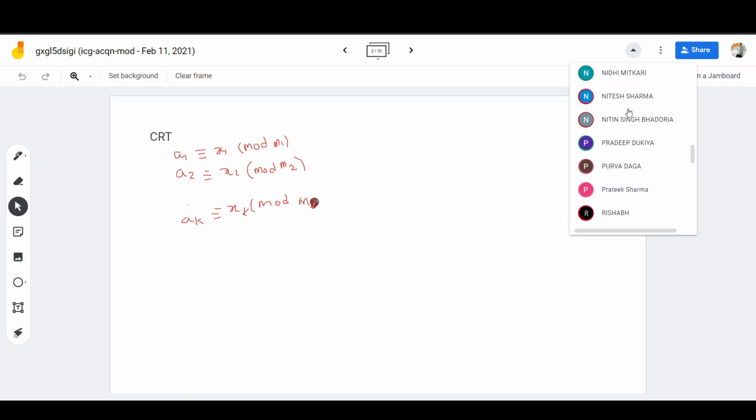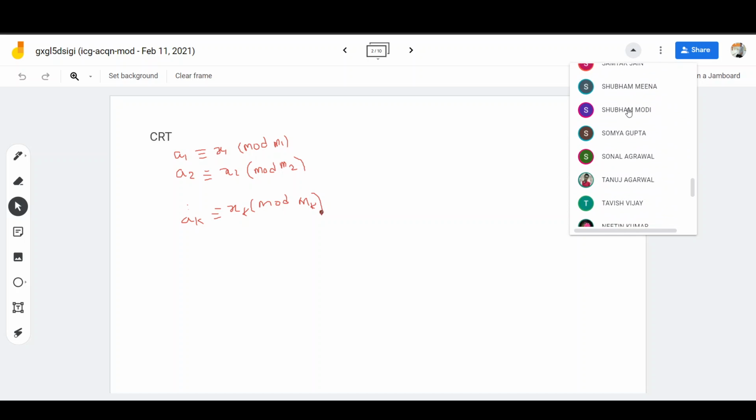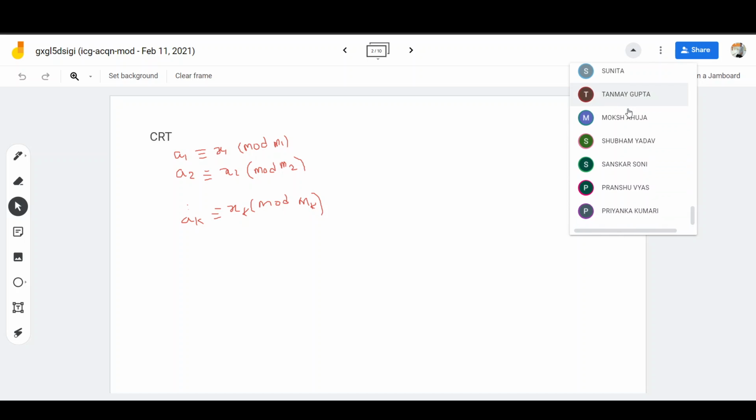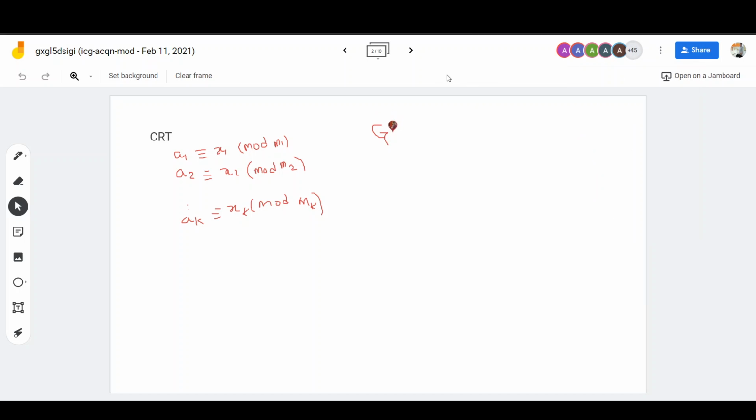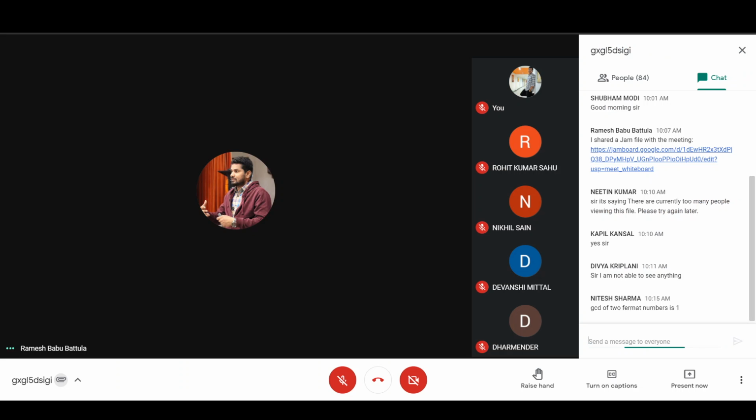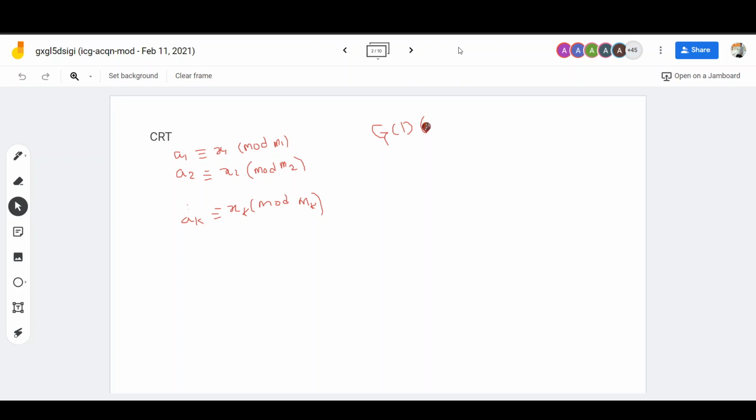Here, whatever you may choose, the GCD of any two pair, GCD of mi comma mj, is equal to 1.